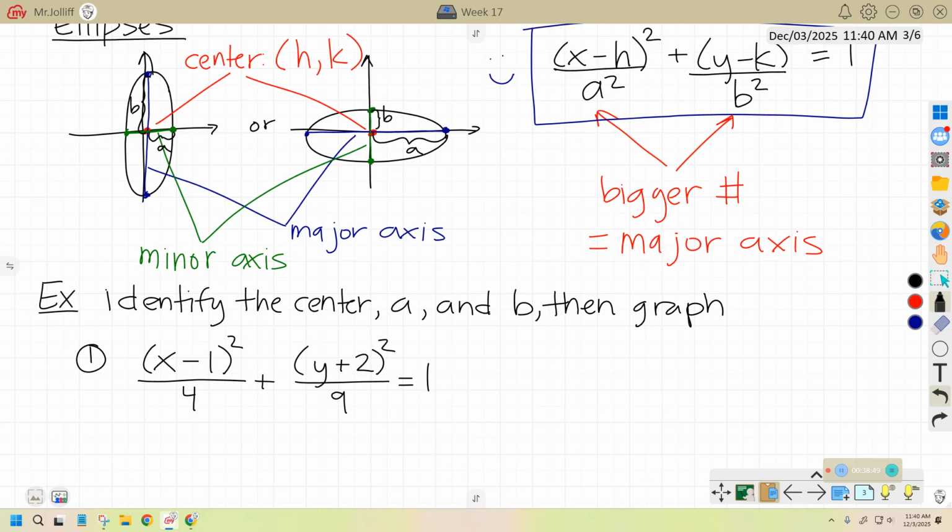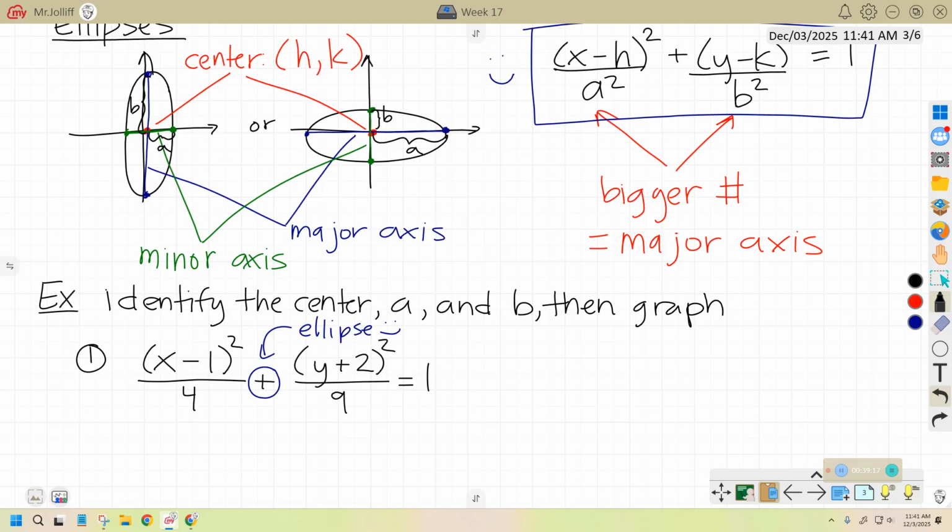It's important to remember that when you see addition, that's an ellipse, because hyperbolas are going to look very similar to ellipses, except they have subtraction between their terms. So ellipse is addition, hyperbola is going to be subtraction. Happy face. Good.